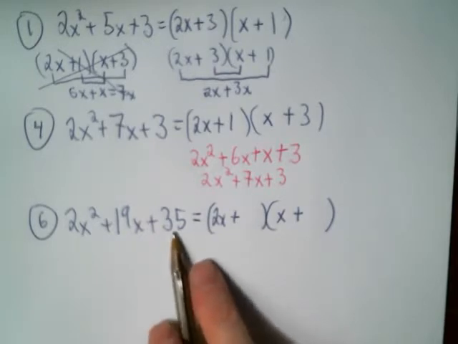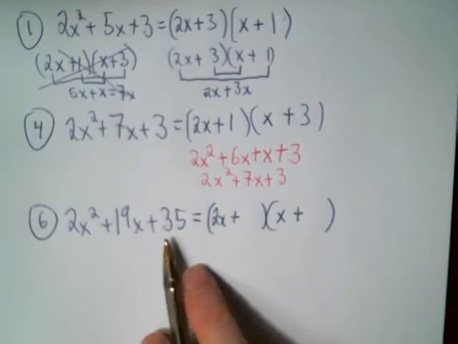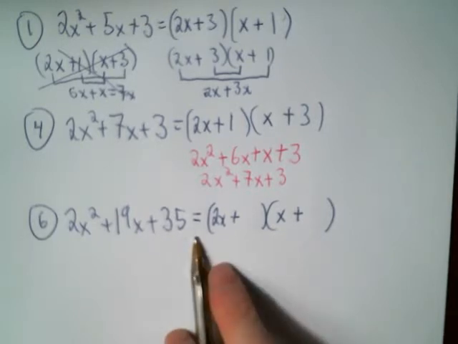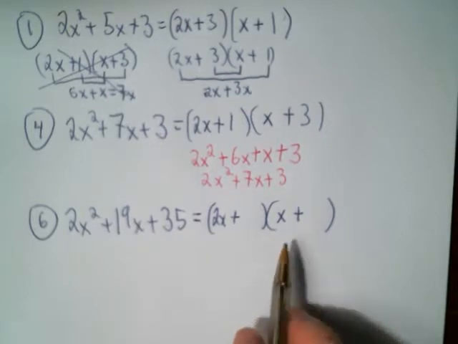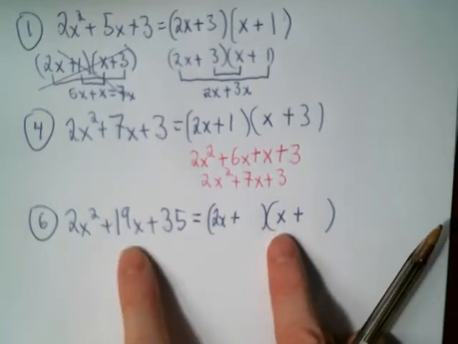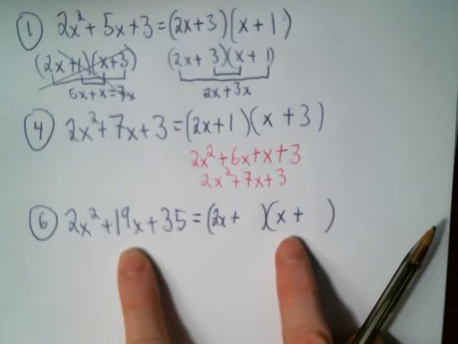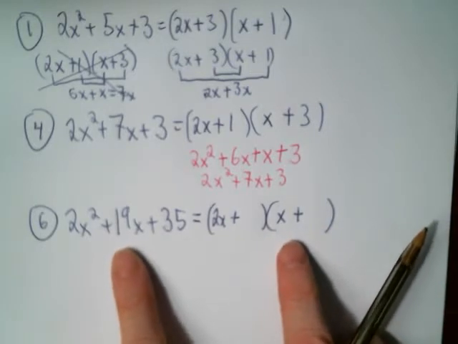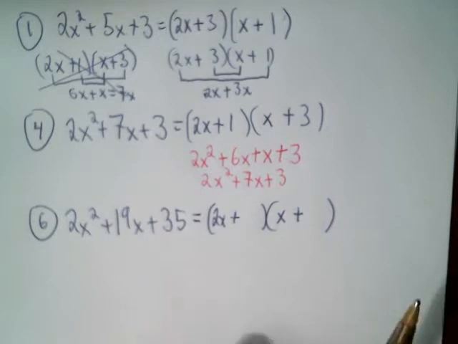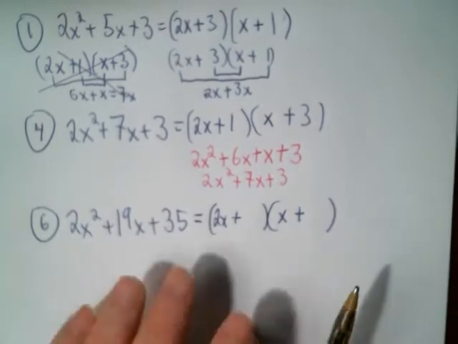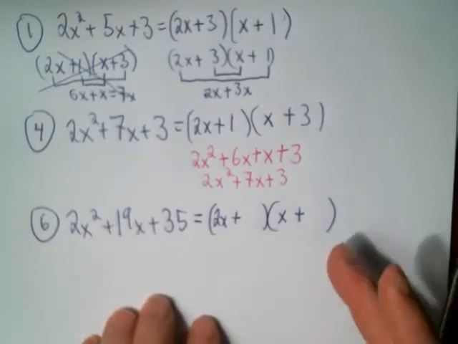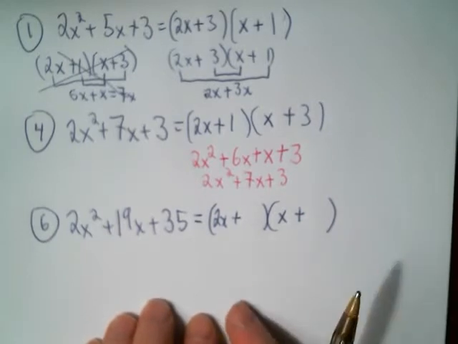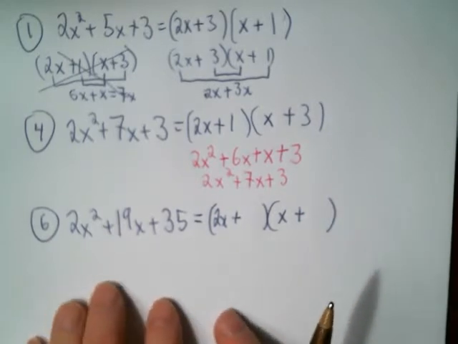There's only two possibilities, either 1 and 35 or 7 and 5. 1 and 35 isn't going to work because the outer and inner terms will be way bigger than 19 once you add them together. You'll see that through experience. You constantly have to FOIL these in your head and check, and you'll get really good at it to the point where you don't need to go through all the motions.